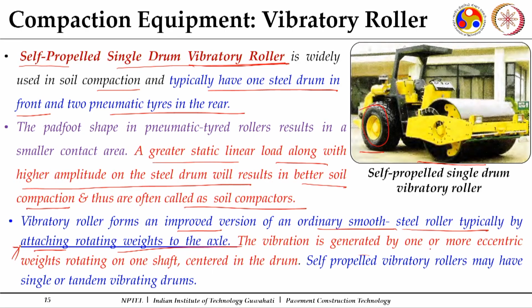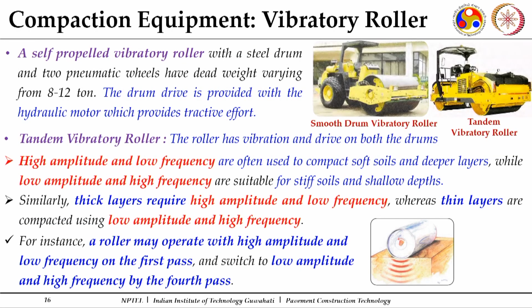The vibration is generated by one or more eccentric weights rotating on one shaft, specifically the front shaft centered in the drum. Self-propelled vibratory rollers may be single or tandem vibratory drums. I will show one picture. Yes, this is a tandem vibratory roller you can see.